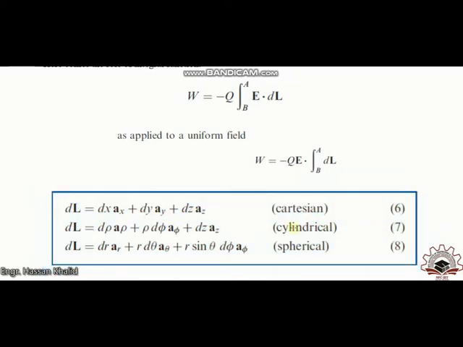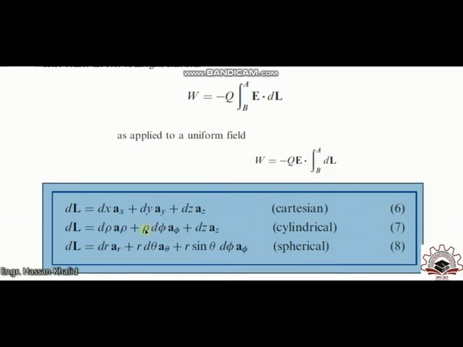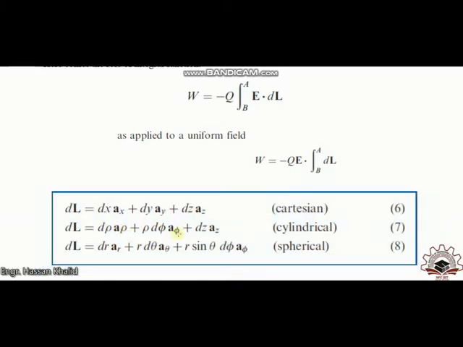And if the charge is placed in the cylindrical coordinate system, suppose the charge is traveling through a cylindrical wire, or there are some gases being transferred through cylindrical pipes, here you will apply the cylindrical transformation of this incremental distance, in vector form, in the direction of rho, phi and z, as in the following equation.